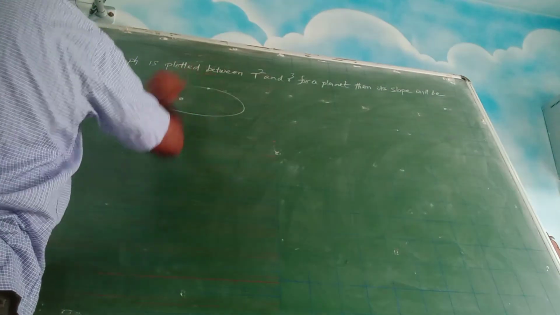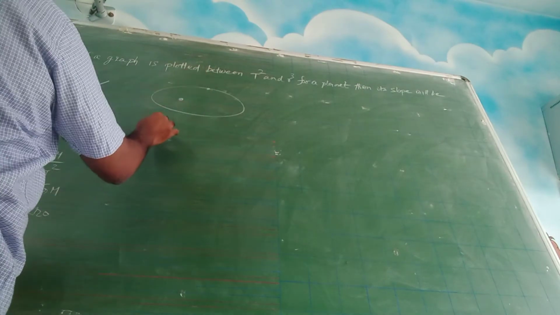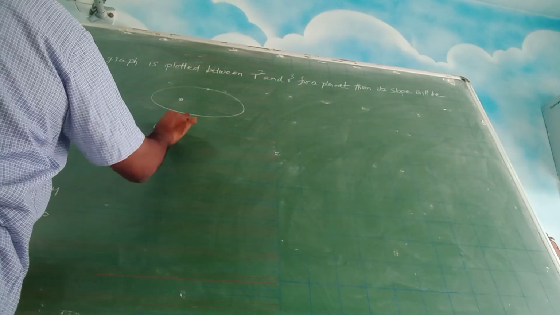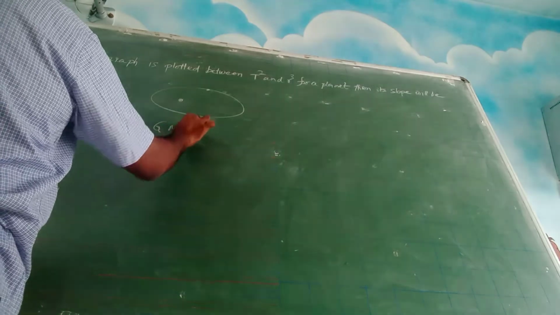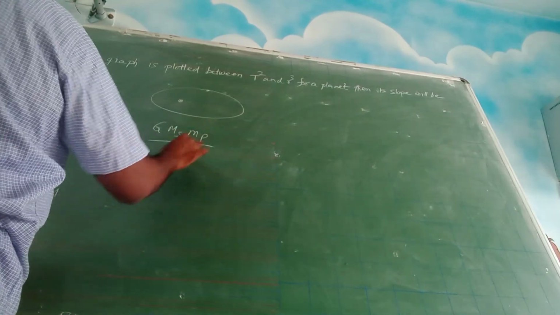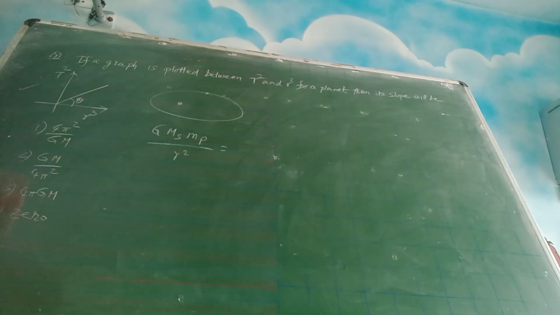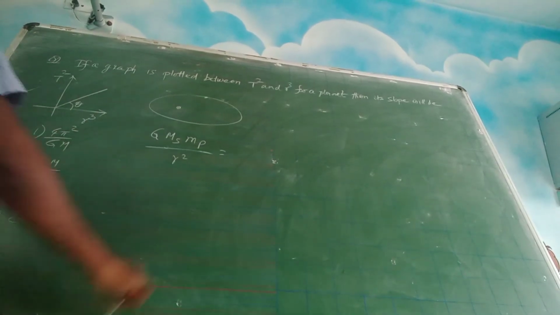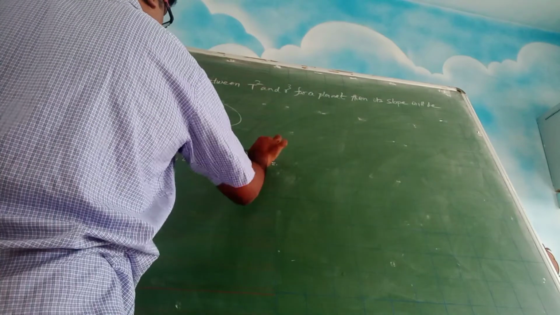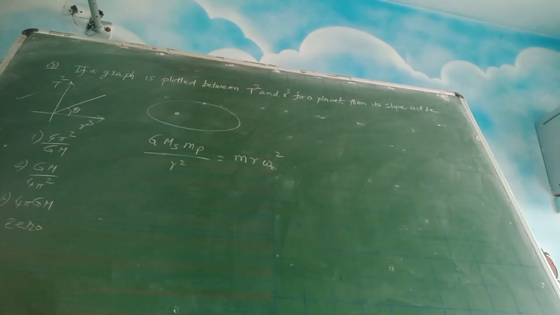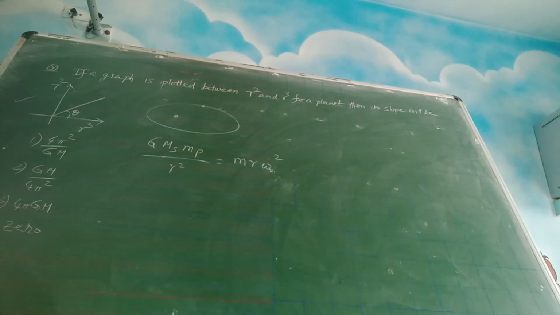So the gravitational force between them was, let us say the mass of sun is ms, mass of planet is mp, G ms mp by r square. Now this gravitational force is giving you what? The centripetal force. So it is m r omega square. Okay, so many times we have discussed this, no point repeating.